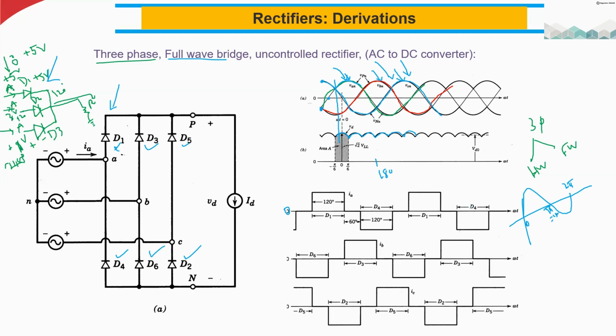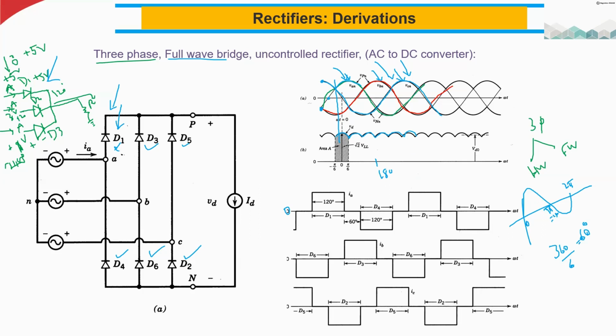If we use two diodes, here we have 6 diodes, right? 360 divided by 6 diodes, so that is 60 degree. So each diode will conduct for 60 degree.